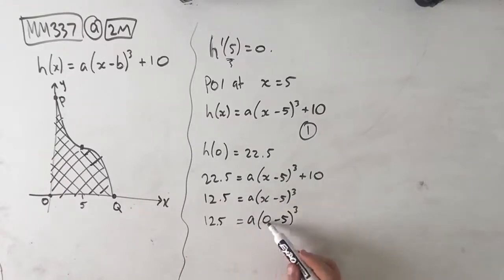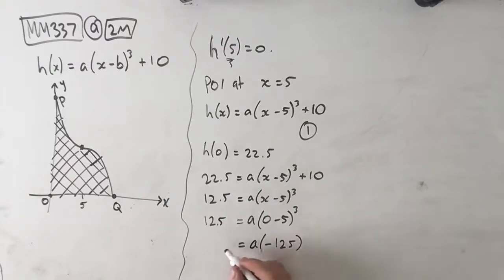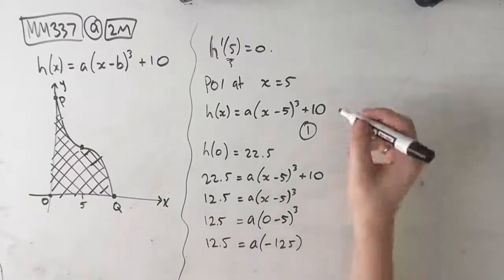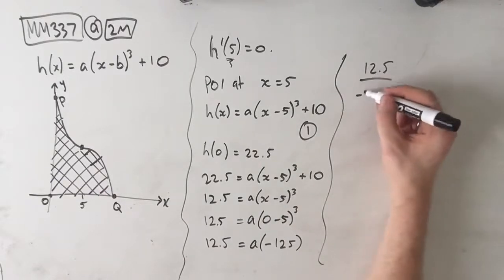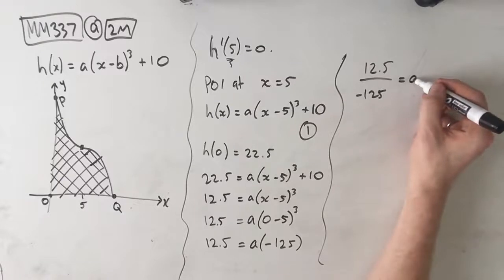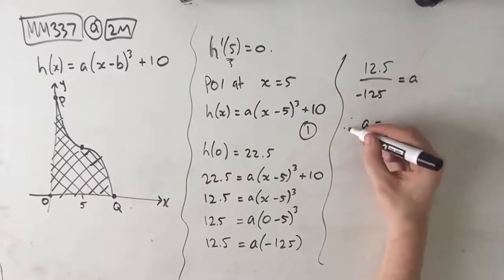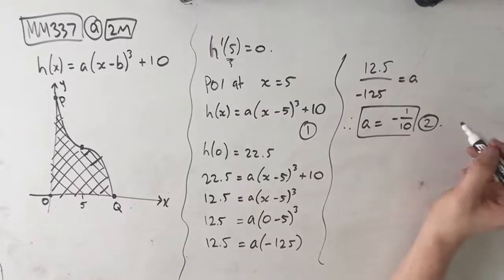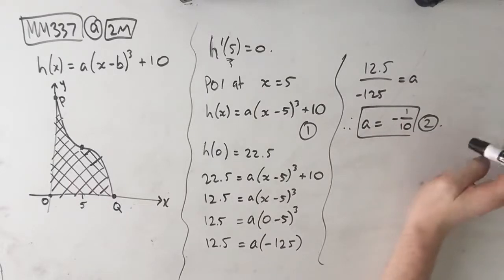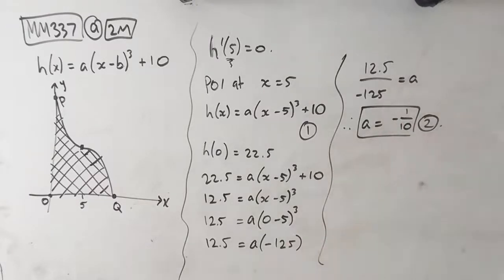So that's where we get this, and then we can say that (-5) to the power of 3 is -125. Dividing both sides by -125, we get 12.5 over -125 equals a. Therefore, a is equal to -1/10. This is our second mark. So guys, that's it for part A. Let's move on to part B.